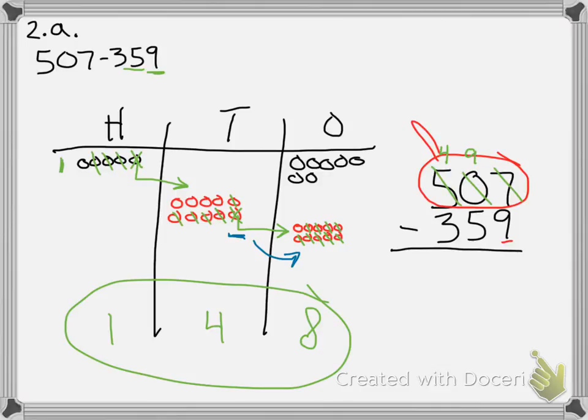So instead of 7 over there, I ended up with 17, right? So 17 minus 9 equals 8. 9 minus 5 equals 4. And 4 minus 3 equals 1. So I have 148 and 148.